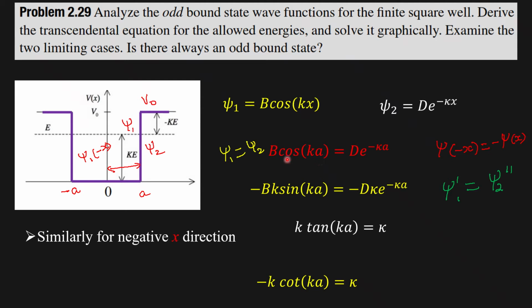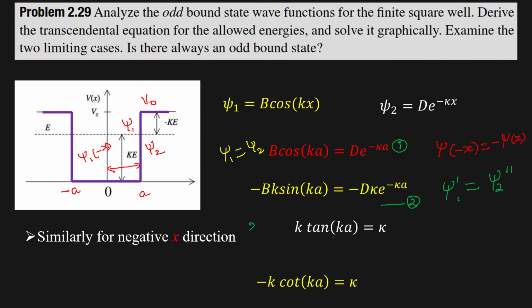If you differentiate this, you will get minus k sin ka, of course with this p here. And if you differentiate the right-hand side, you will get minus kappa e to the power minus kappa a, and of course you have the normalization constant t. So let us say this is equation 2 and this is equation 1.